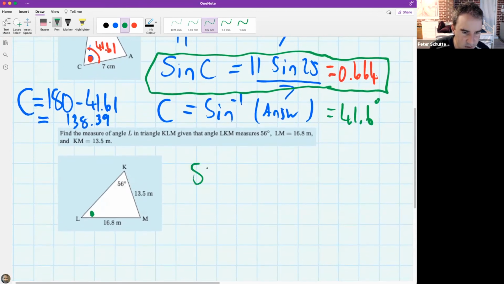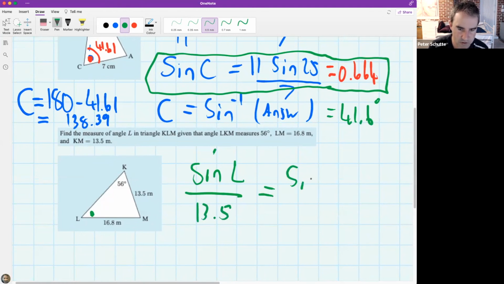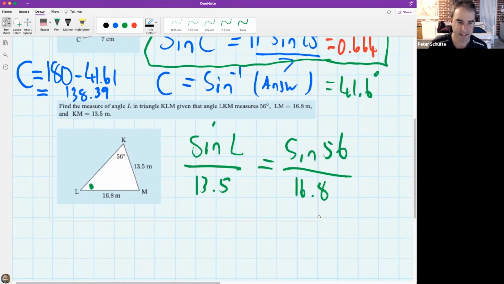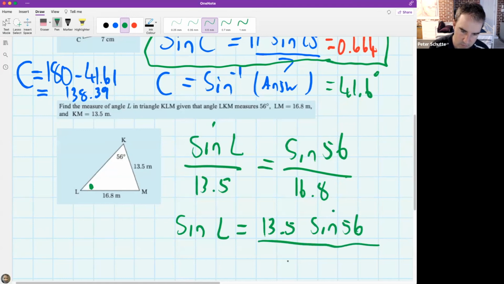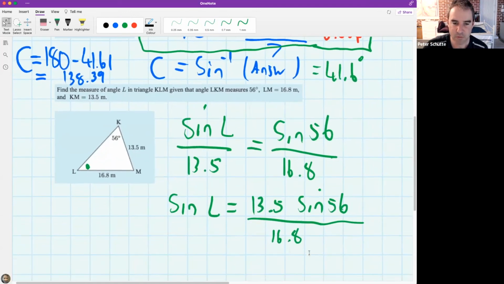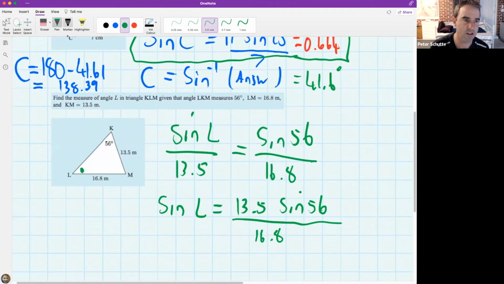So we get the sine of L over 13.5 is equal to the sine of 56 over 16.8. Then we are going to move this to this side. Okay, now if we stop there, we're not going to get the correct answer.